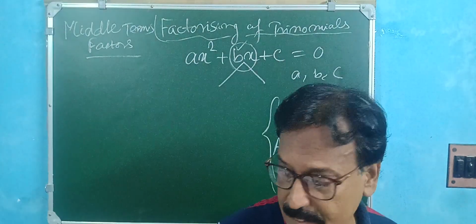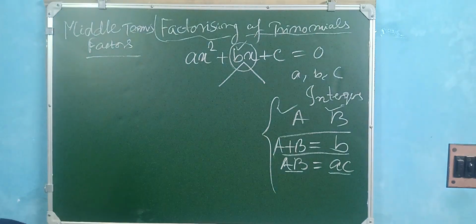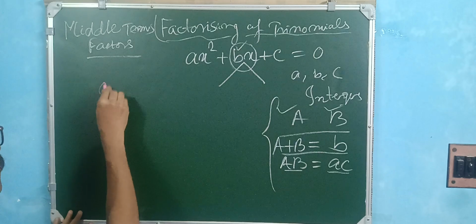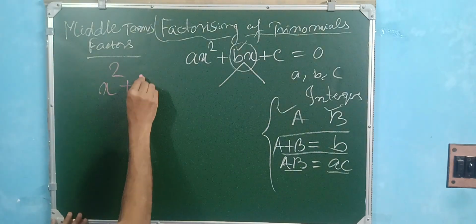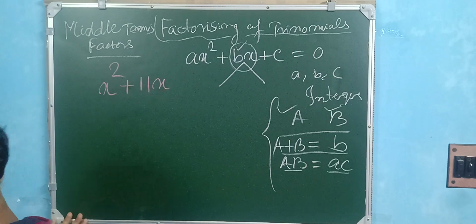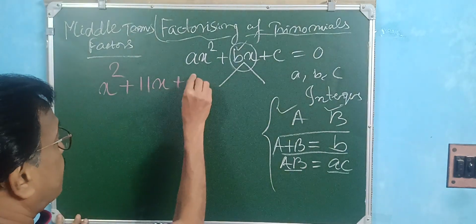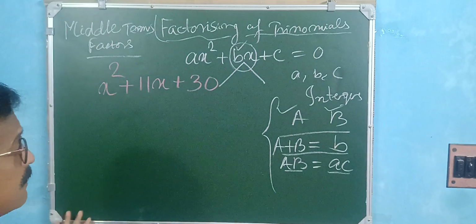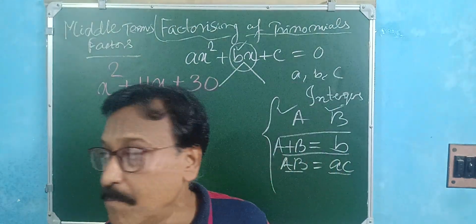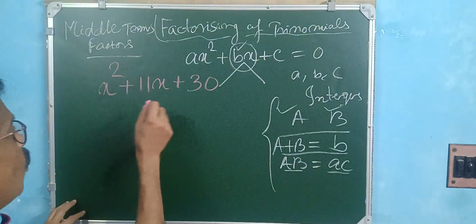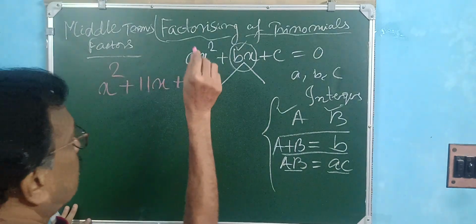For easy understanding, for example, suppose here is x square plus 11x plus 30. Take it seriously to understand in which way I solve the sum. This is called a trinomial: first term, second term, third term.